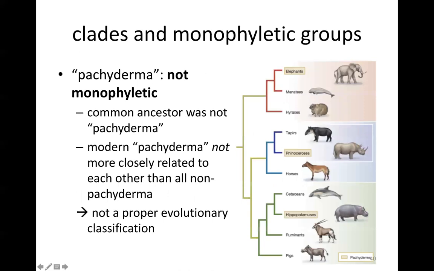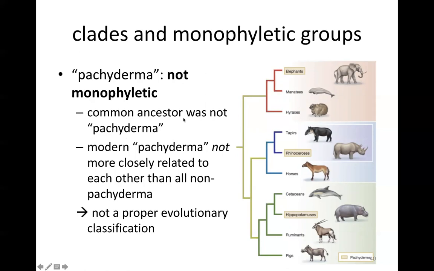So for instance, in this same phylogeny of some mammals, apparently Pachyderma was a group defined that included hippopotami, rhinoceri, and elephants. That was based on the observation that all three have pretty tough skin. Pachyderma: derma means skin, pachy is, I guess, tough.